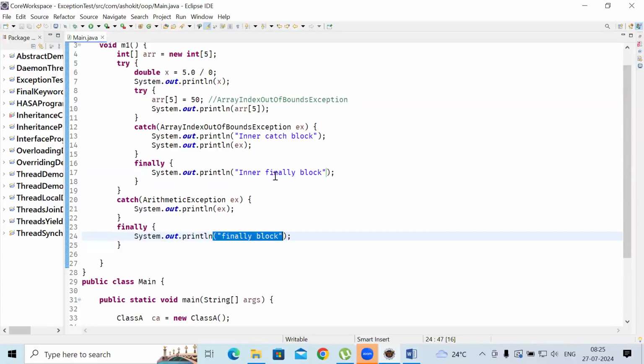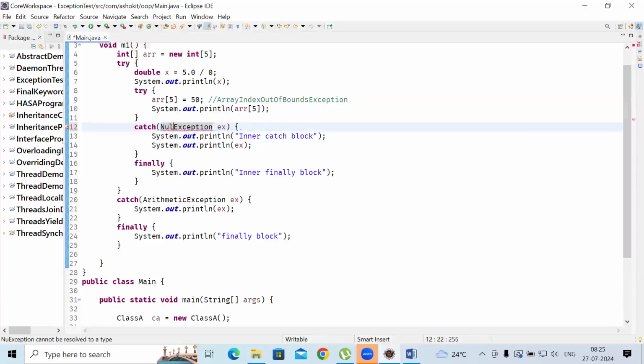That's all good. But what I'm trying to say now, everybody, is that here the catch block is not array index out of bounds exception. It is a null pointer exception, just for example. Can the inner catch block handle this array index out of bounds exception?